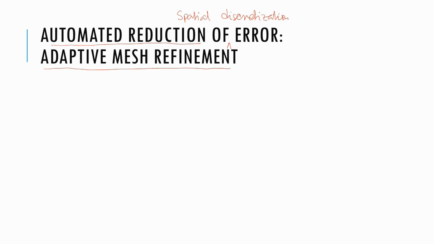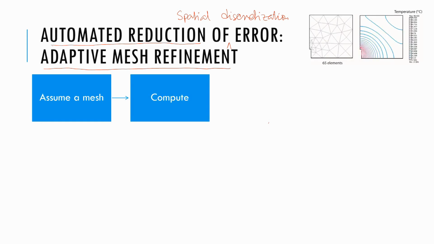This adaptive meshing is basically automated changing of the mesh, and we're going to do the details now. So first you assume a mesh for a computation, and you compute the solution. So here is a mesh that is assumed like we always do, and here is the resulting computation.